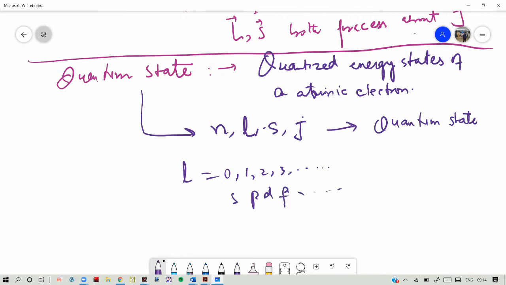So we denote them by this letter. This S is an orbit, it is not a spin quantum number, so please remember that.